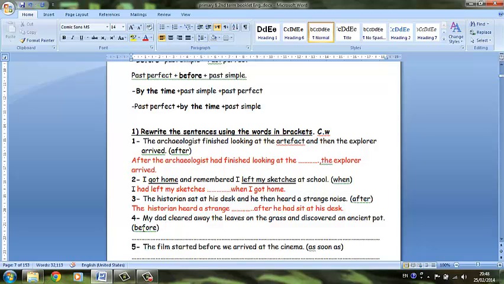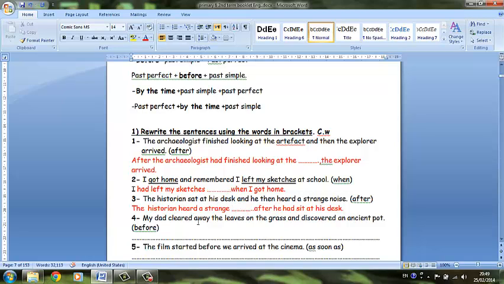Okay, the fourth example, my dad cleared away the leaves on the grass and discovered an ancient pot. So what do you think is the first action? Clearing away, it means cleaning or putting them away or aside. So do you think the action of clearing away the leaves on the grass happened first, or discovering the ancient pot? Yes, of course.